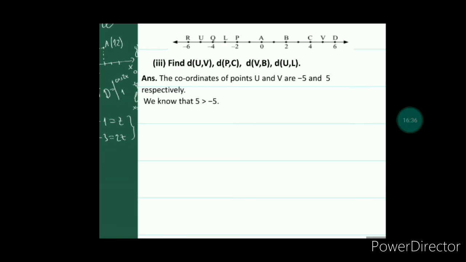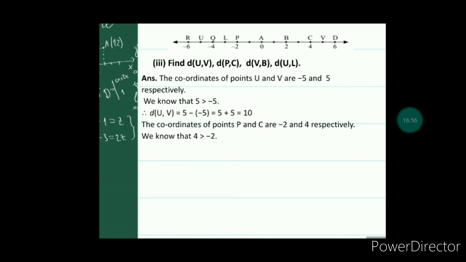We know that 5 is greater than -5. Therefore, distance UV equals 5 minus (-5), which is 5 plus 5, equal to 10.